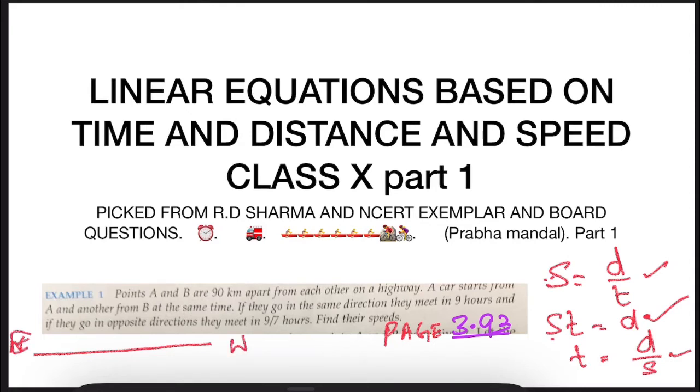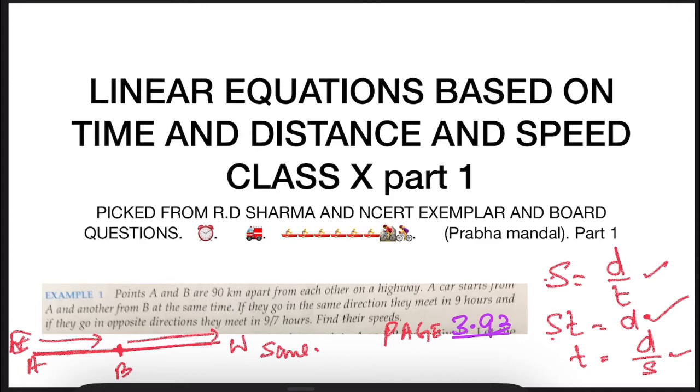One car is here, another car is here, and they start from east to west. The car from A will go this direction, and car B is here and will also go from east, which is the left hand side, to west, the right hand side. So this is the same direction.